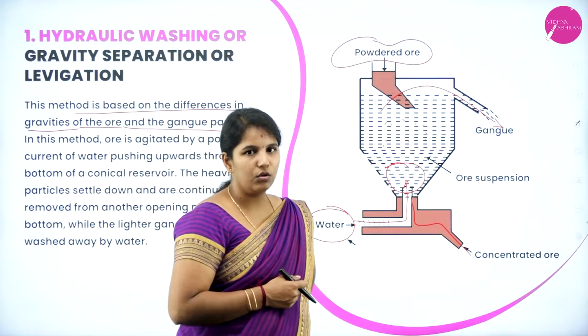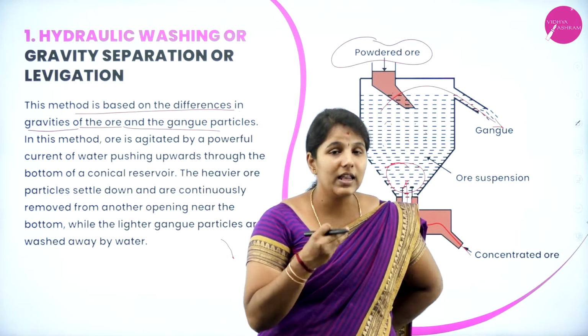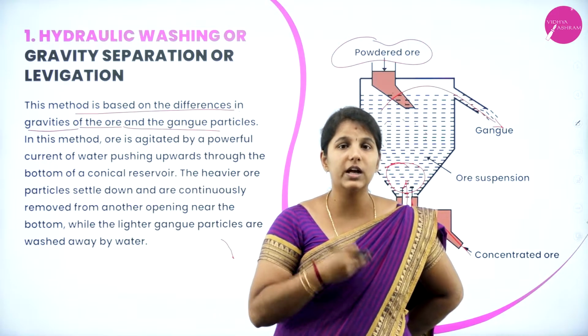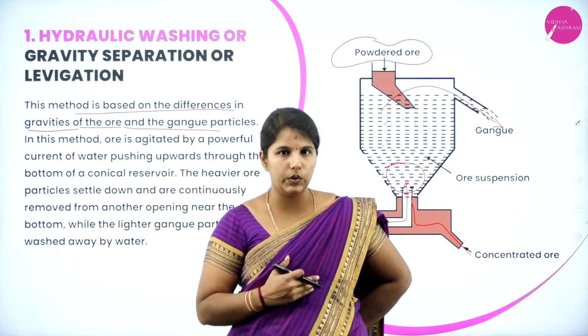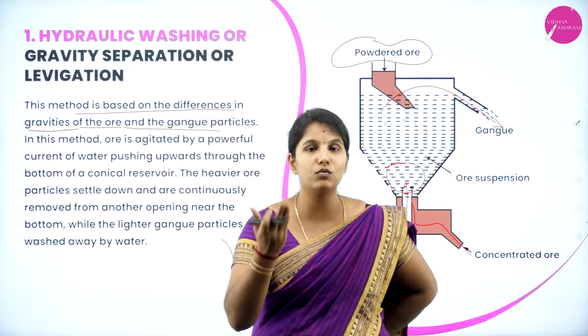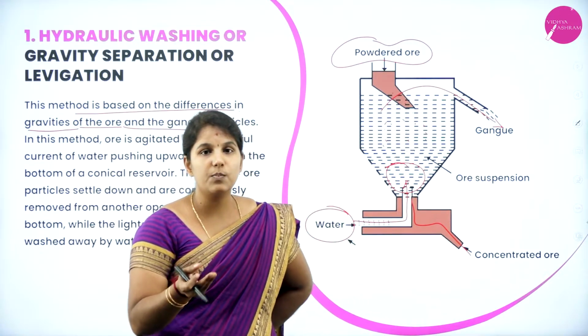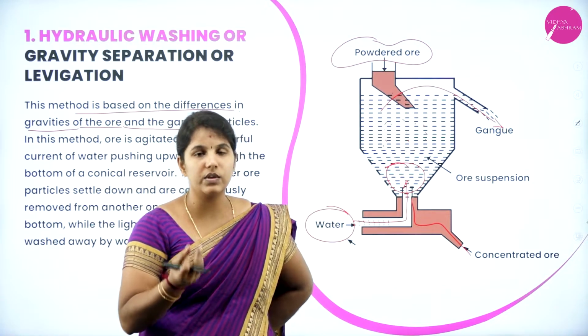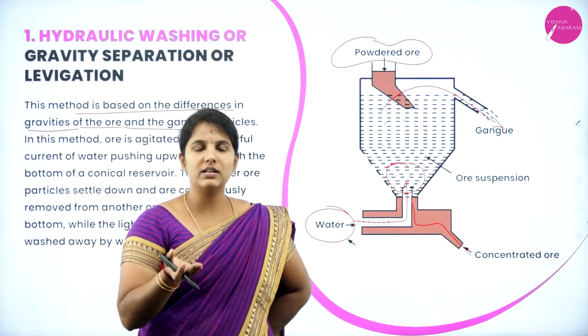Hence it is known as hydraulic washing. Remember why this name is given? Because they use water to remove the impurities. And one thing you need to remember here, it is based upon the gravity differences. We all know that the ore itself consists of the metal, and metals are heavy.